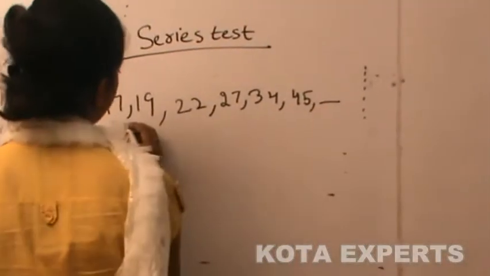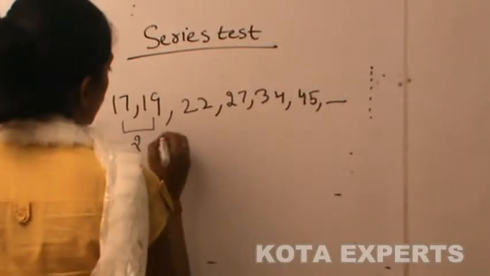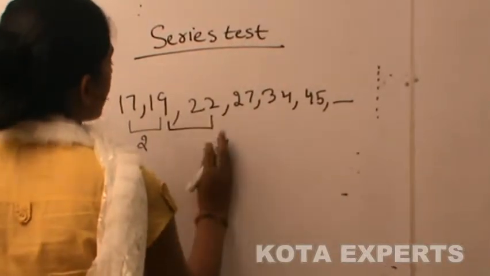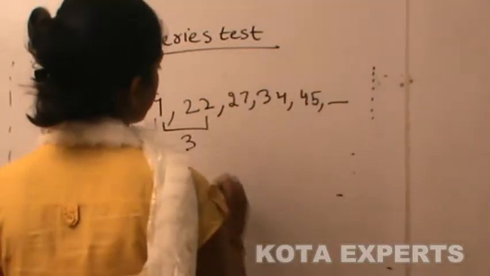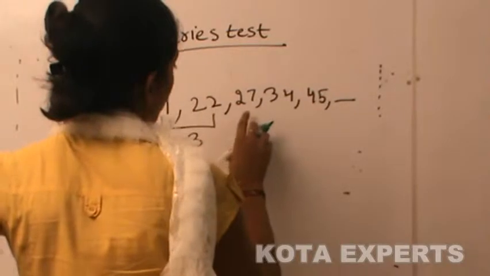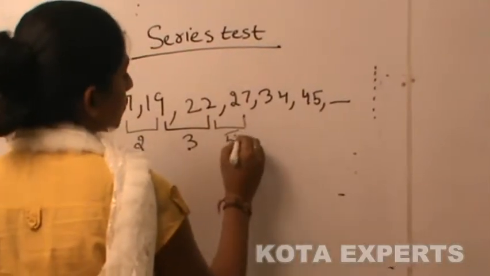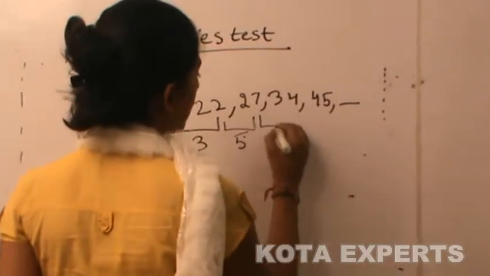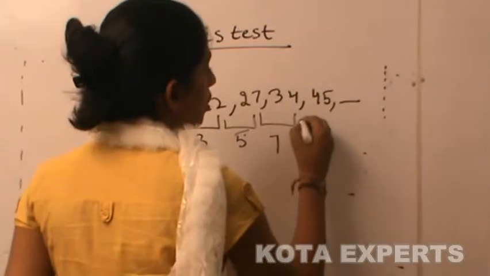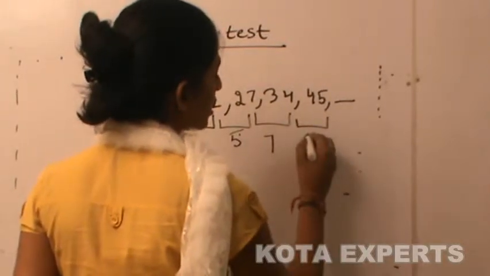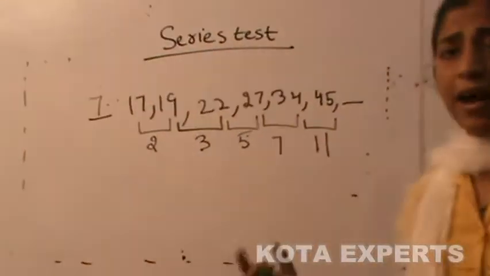17 and 19. What is the difference between these numbers? 2. 19 and 22, the difference is 3. 22 and 27, the difference is 5. 27 and 34, the difference is 7. 34 and 45, the difference is 11. Does this series follow any pattern?